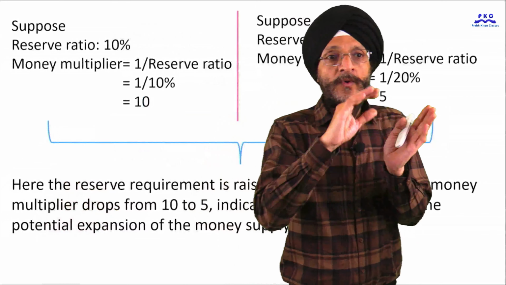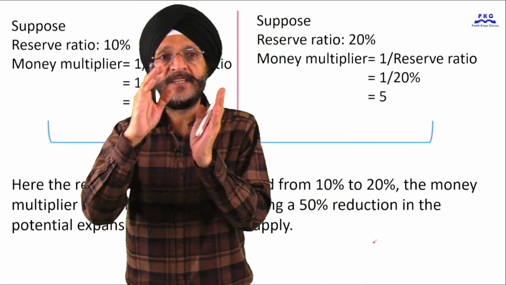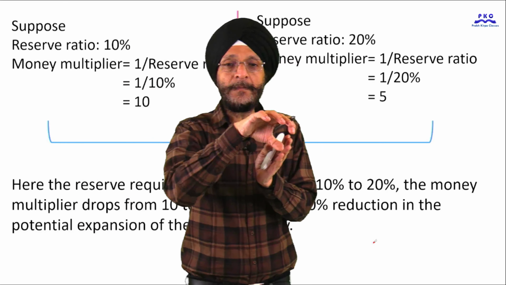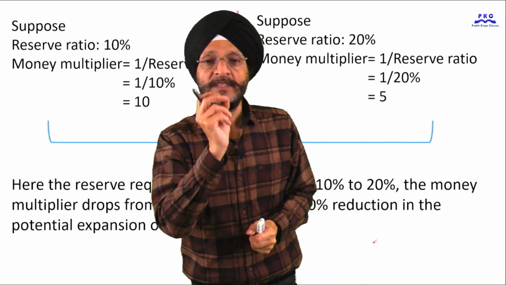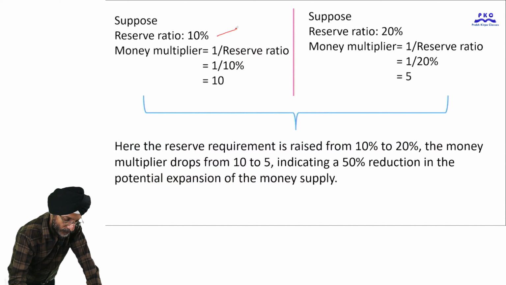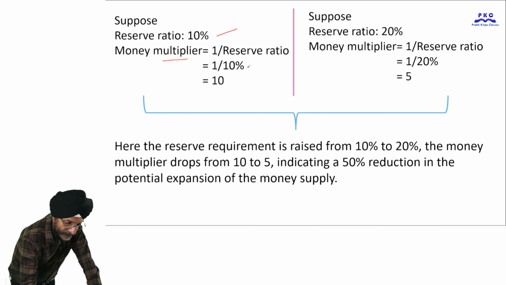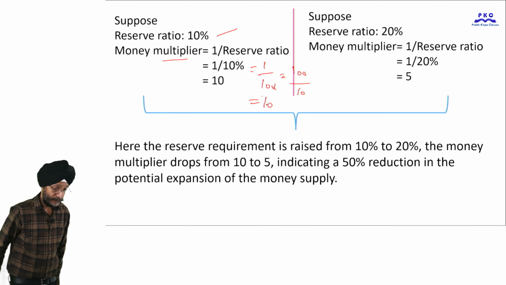So now we will understand the effect of change in reserve ratio on the money multiplier with the help of an example. Suppose the reserve ratio is initially 10%. So here the money multiplier is 1 over reserve ratio, 1 over 10%. 10% means 100 over 10, so it comes to 10.